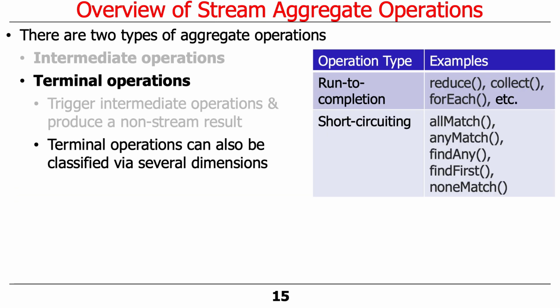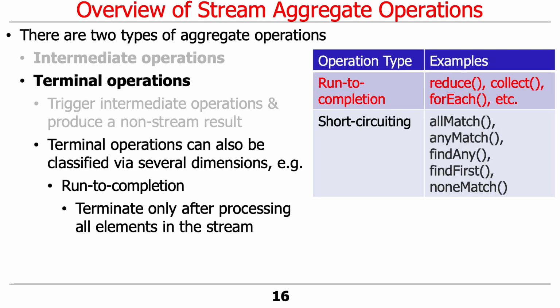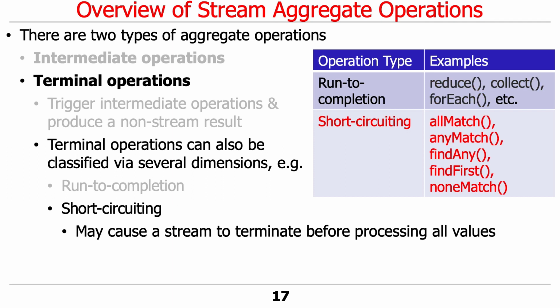And as you can see here, run to completion, those are the ones we're going to work with quite a bit in this course: reduce, collect, forEach. Those terminate only after all the elements in the stream have been processed. And then conversely, we also have a bunch of short-circuiting operations, like allMatch, anyMatch, findAny, findFirst, noneMatch. And these may not have to process all the values before they terminate.